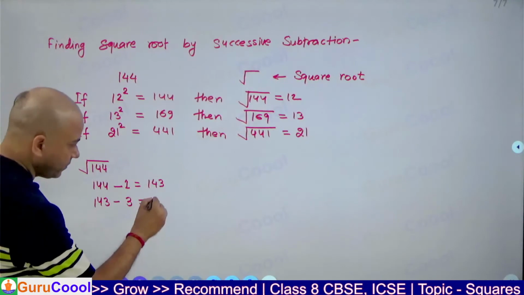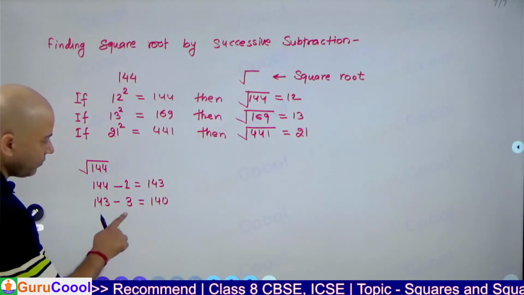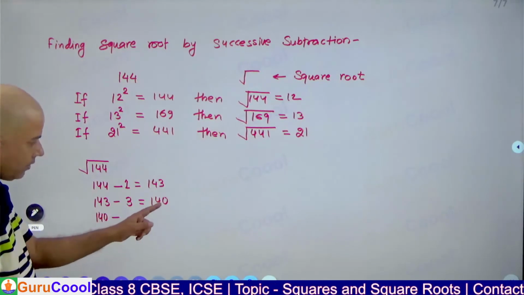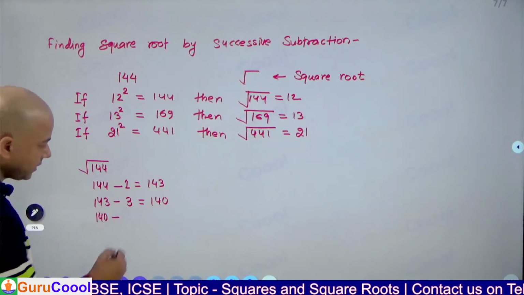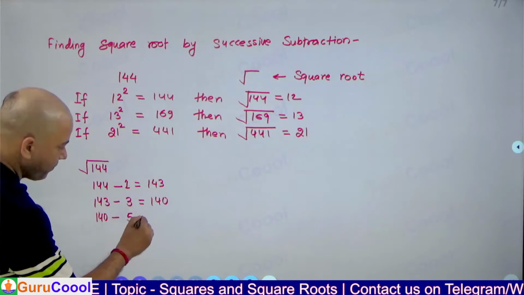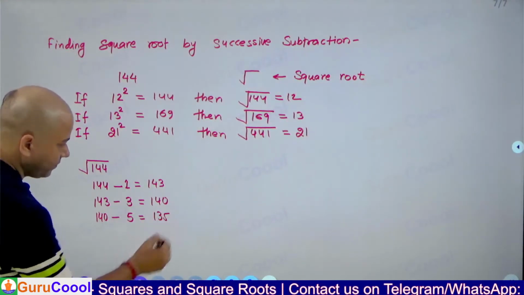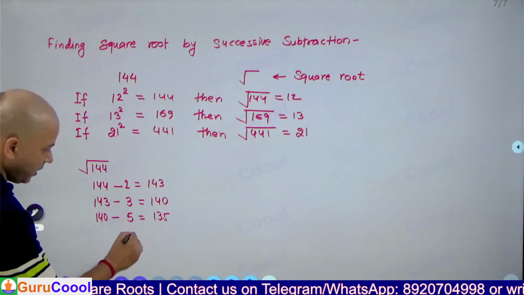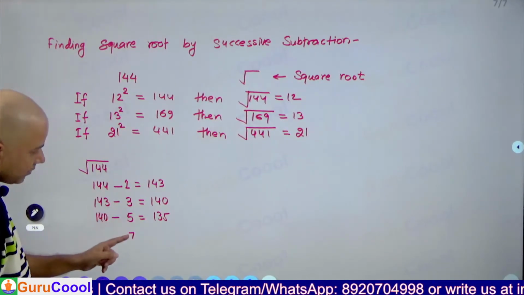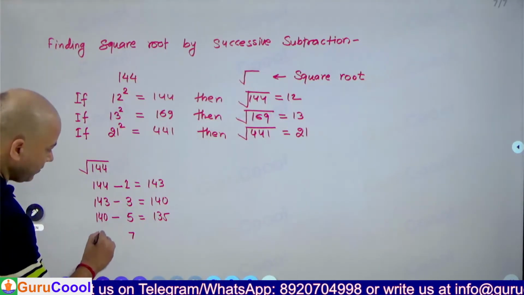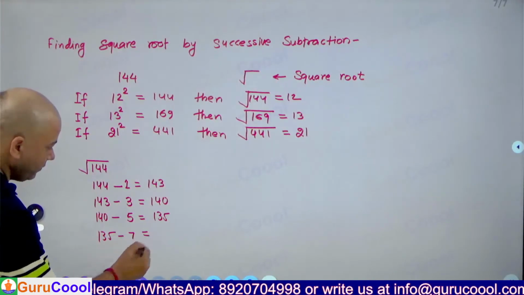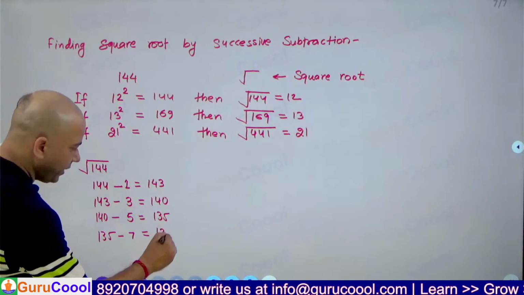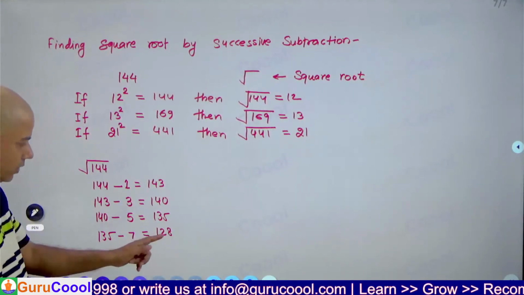140. Now subtract 5, the next odd number. Remaining 140 minus 5 is 135. Now subtract 7, the next odd number, from 135. It's 128. 128 is remaining.